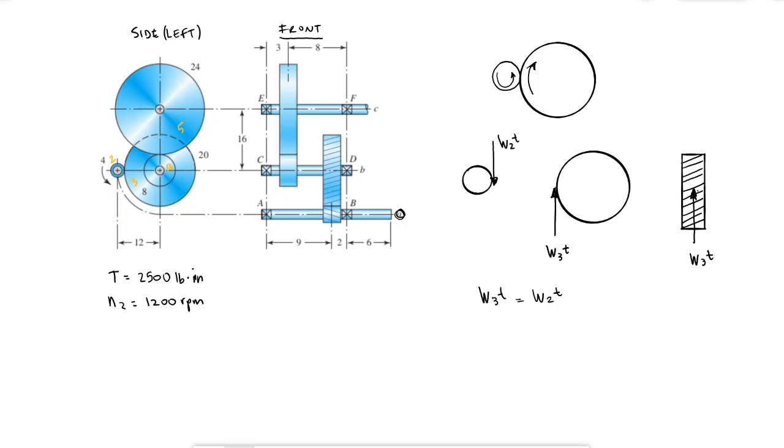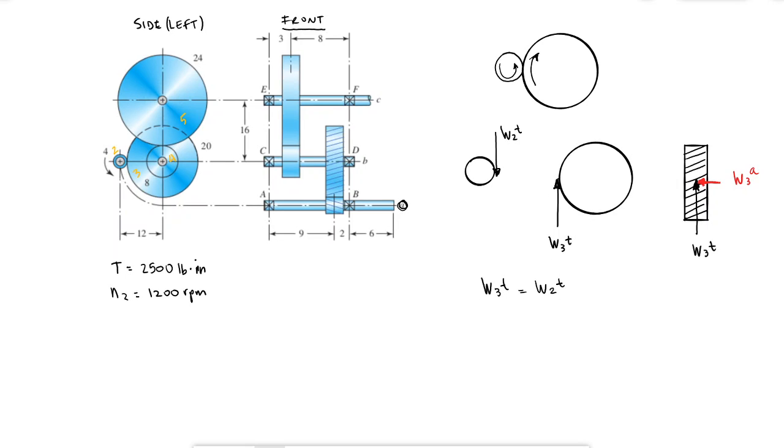There is a component in the axial direction, the axis of the gear. Sorry, that would be W3 axial. We have those two components because this has to be perpendicular to the teeth, so it has to form a 90-degree angle here.